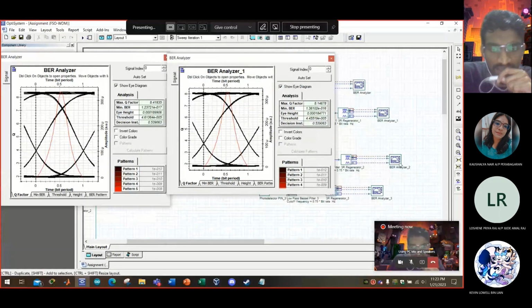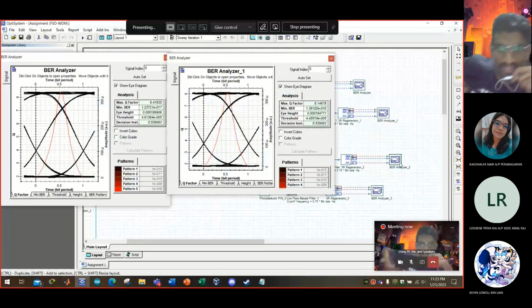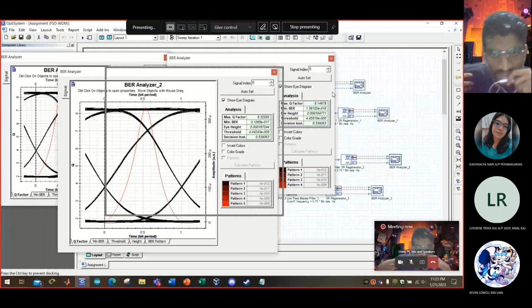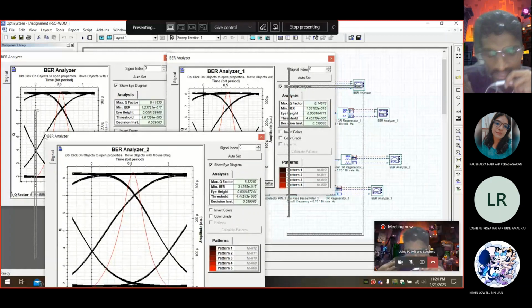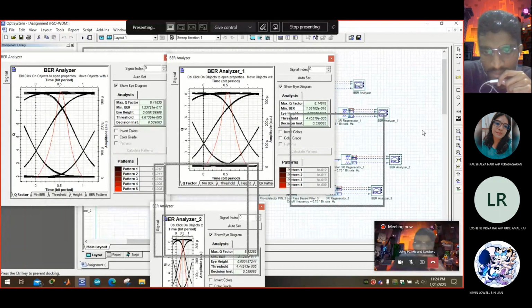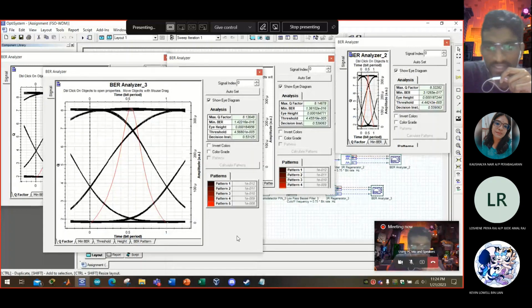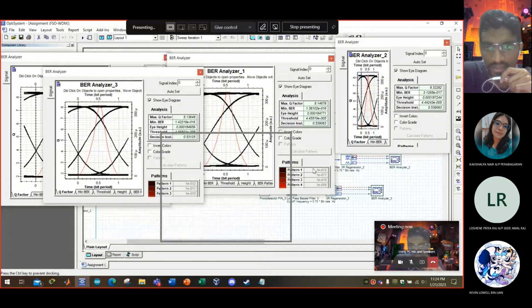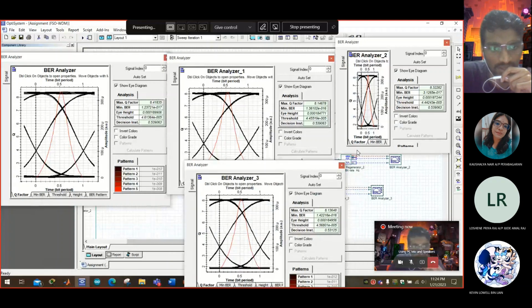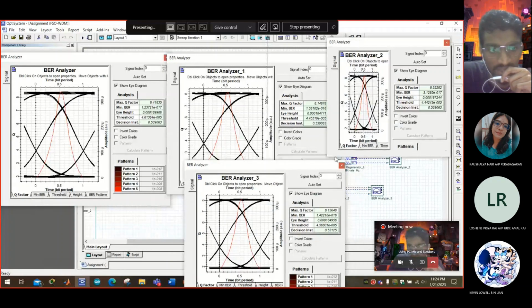For the second BER analyzer it is 8.14674. For the third one it is 8.32282. And for the final one it is 8.13648. So these are the 4 results for the BER analyzer when using 0.3 mrad divergence.